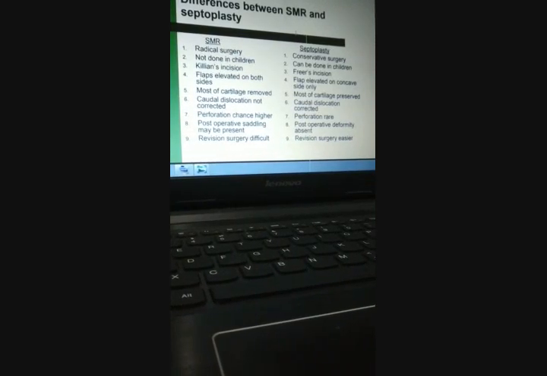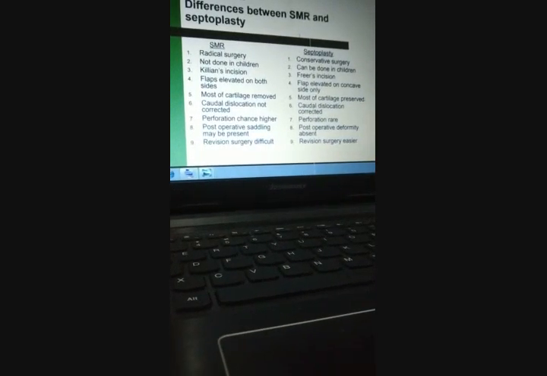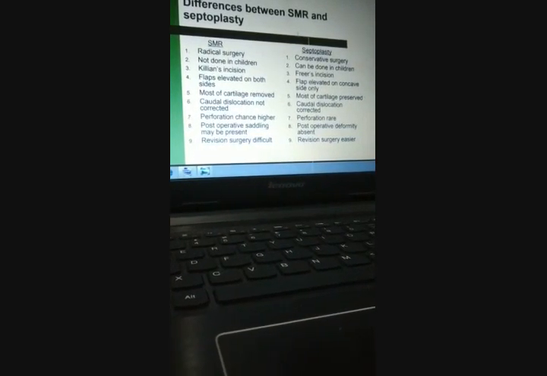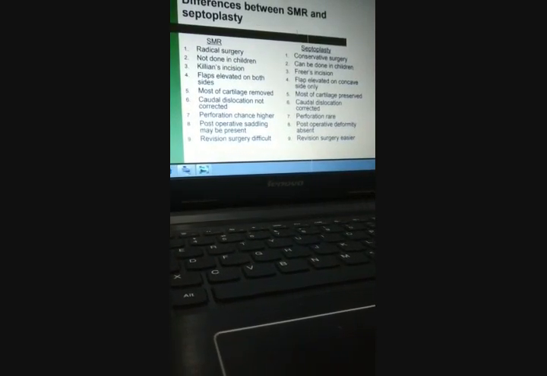Revision operation is very difficult in cases of SMR operation, while revision surgery is easier in septoplasty operation.